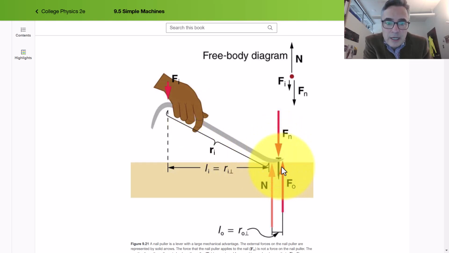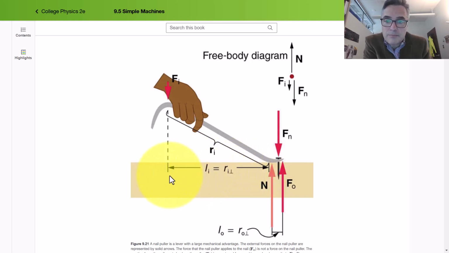So this downward force Fn of the nail on the crowbar creates a clockwise torque around the pivot. The downward force of the hand on the crowbar, which is to the left of the pivot, produces a counterclockwise torque. And these two torques are equal when it's in static equilibrium.